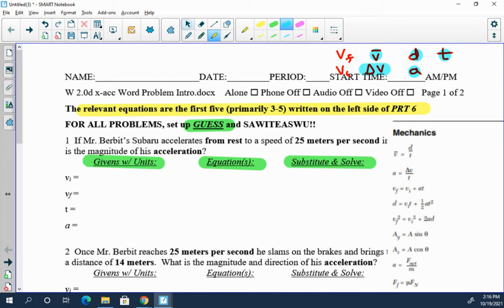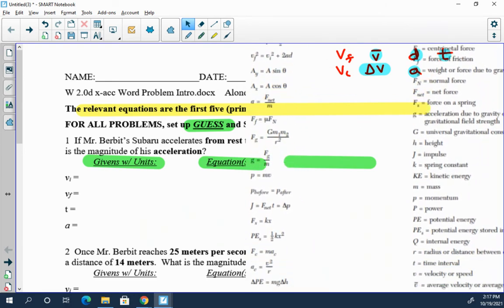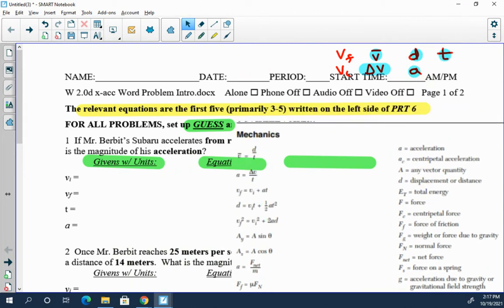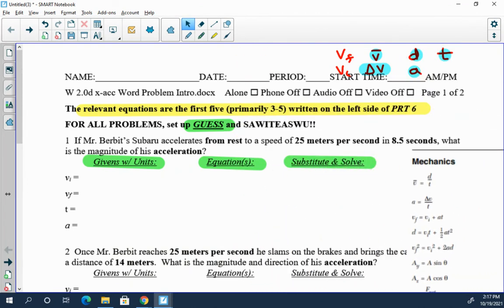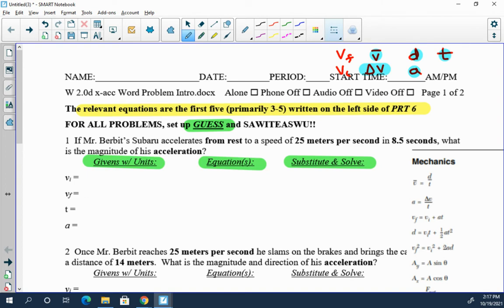The last 2 you see there, vi and vf, are listed over here in your reference table. Well, I think they are. Maybe they're not listed. Oh, well, if they're not, it doesn't matter. It's easy anyway. vi and vf, let's indicate what they are right now. I stands for initial or starting.